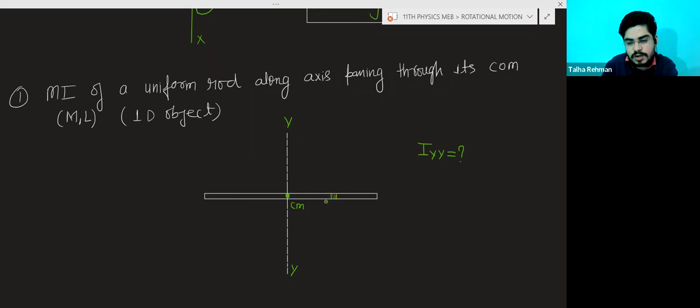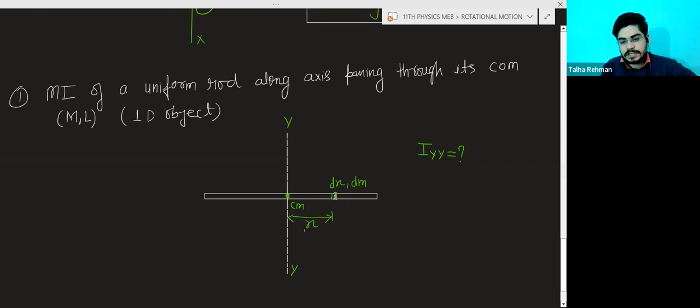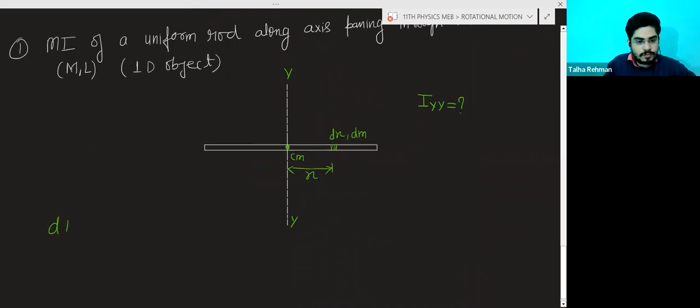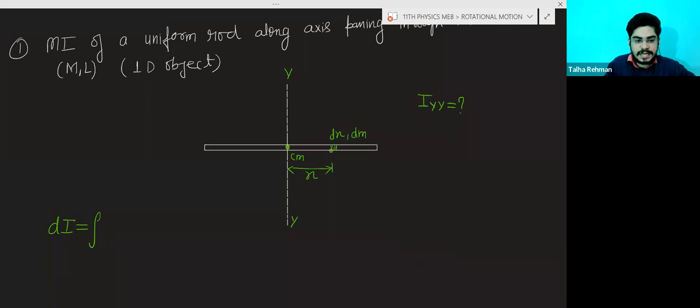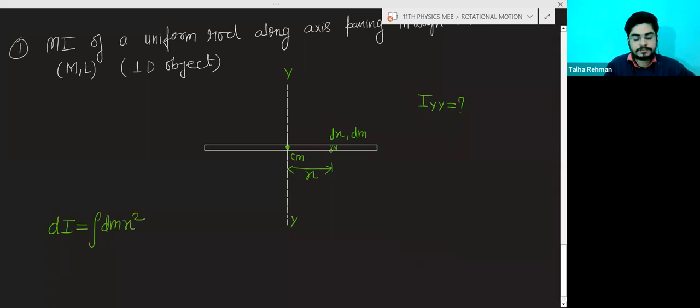Suppose we have taken a very small length of this rod, dx length, and this dx length has the mass dm, and this is at a distance of x from the axis of rotation. x is the perpendicular distance of this dx element of the rod, and the whole length of the rod is L. So the small moment of inertia for this mass dm will be dm into x square.